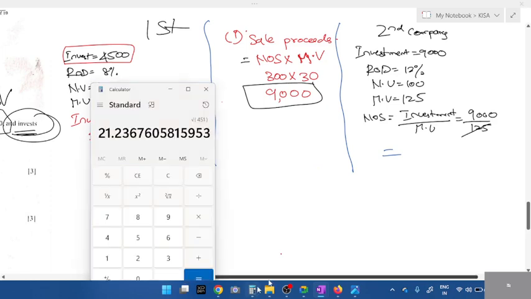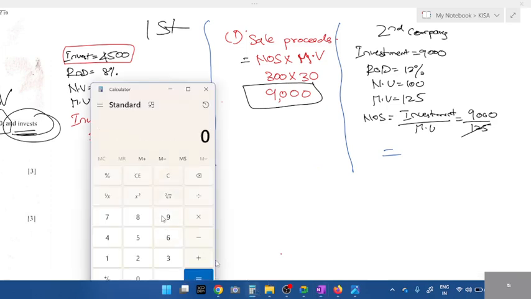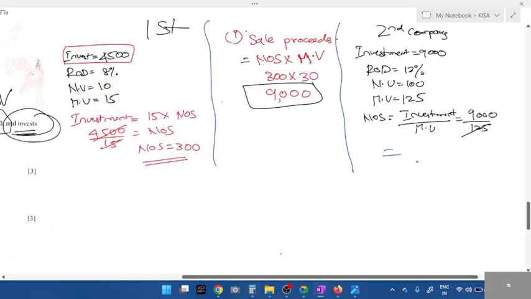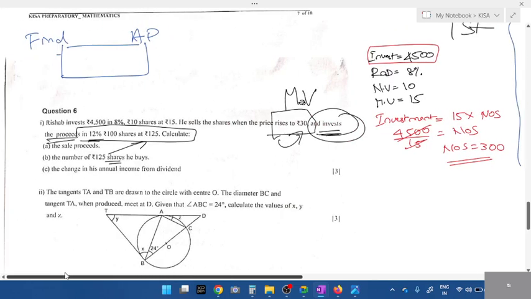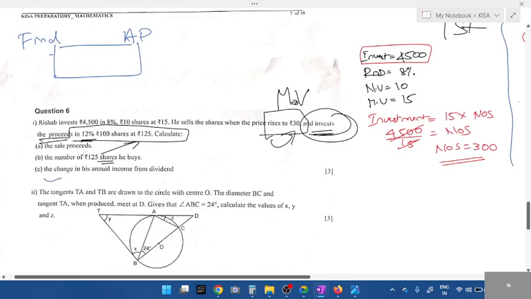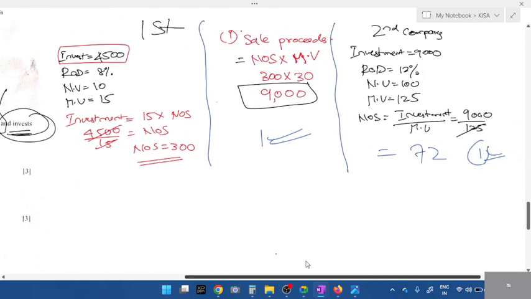Okay. Till here we have done. You'll get 2 marks, 1 mark for this and 1 mark for this, students. What's the third one asked? Yes. Change in annual income from dividend. What is the change in annual income, students?